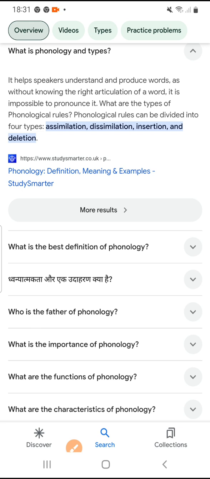So it helps speakers understand and produce words without knowing the right articulation. Even if we don't know the right articulation, how to make the correct sound, that is phonology.